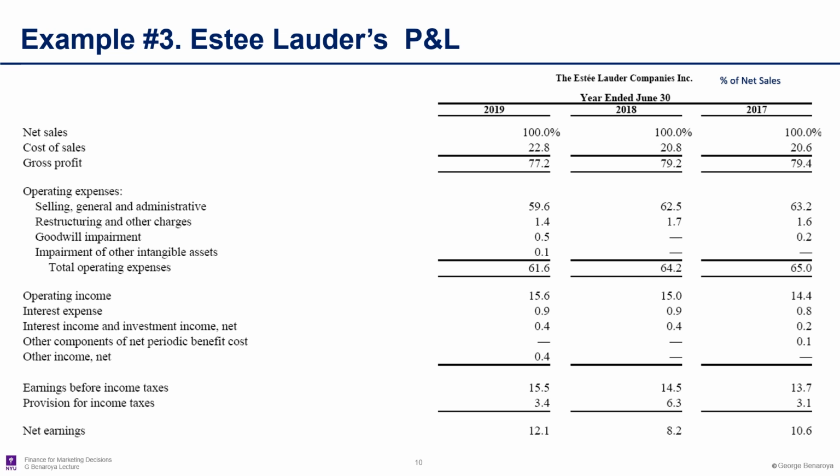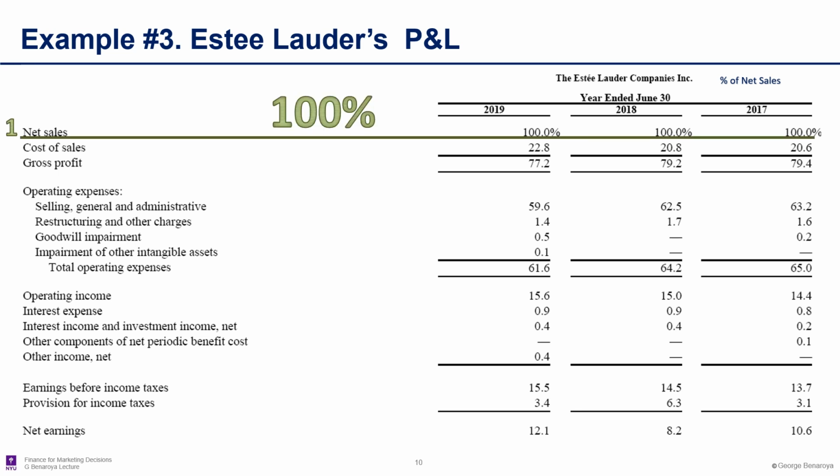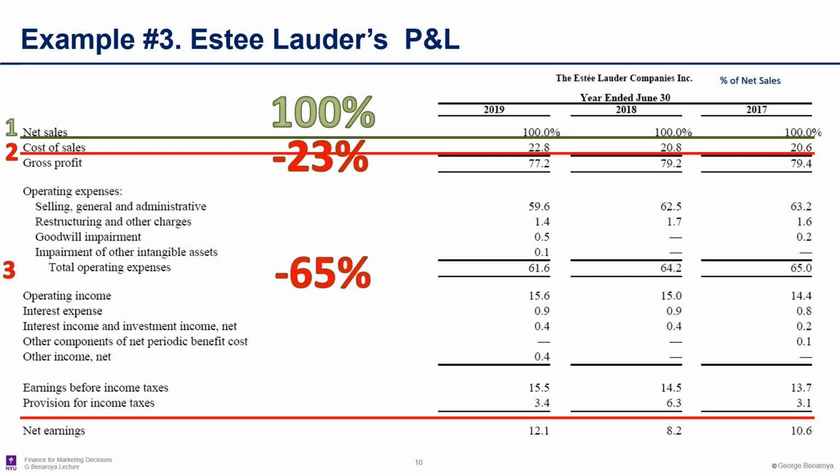Example number 3, Estee Lauder's P&L. They will show the data in a different manner as a percentage, and they will call the net income net earnings. First, net sales, second, cost of sales, and third, expenses. The difference, the net earnings, net income, or profitability.